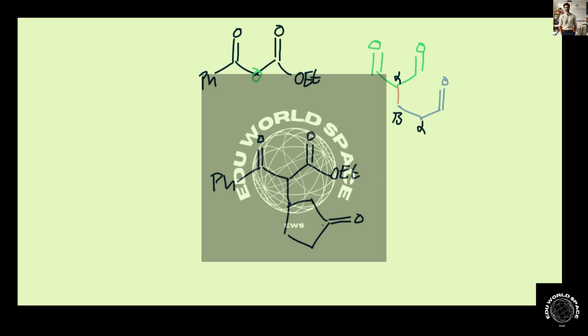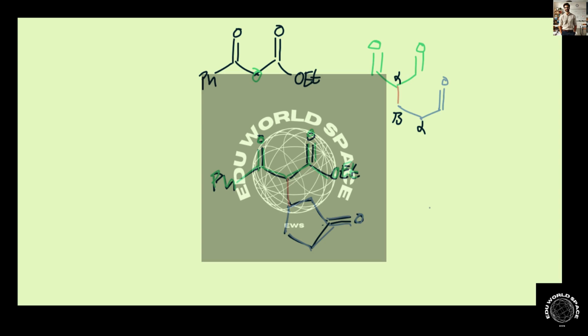And if you want to see that color coded, all right, let me put this in green. Let me put this portion in blue. Okay, I'll put the new bond in red. All right, and now I'm just going to redraw the blue portion.